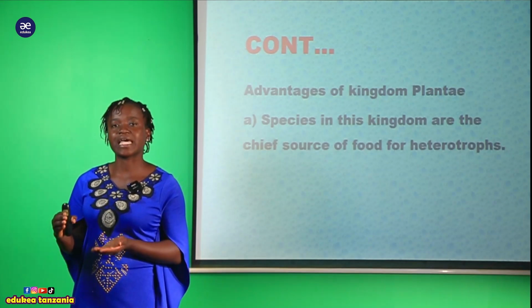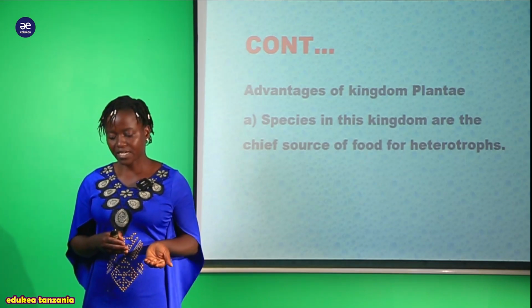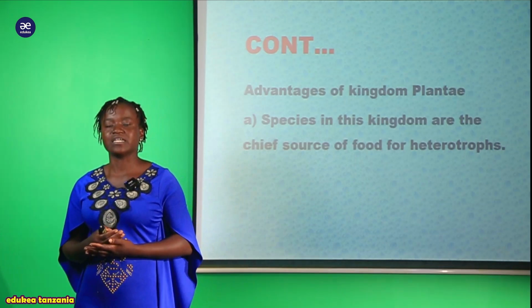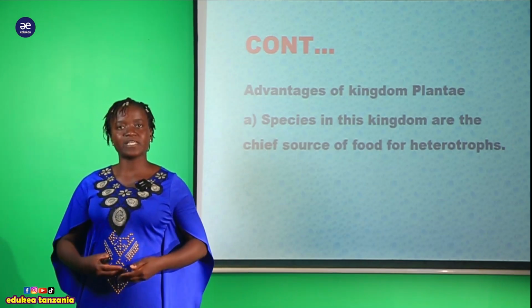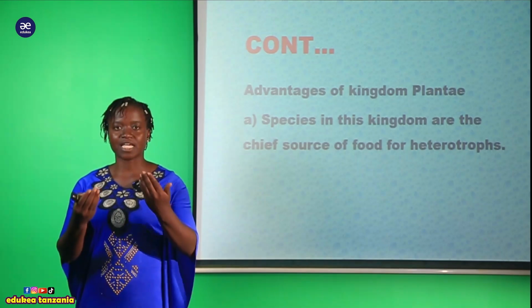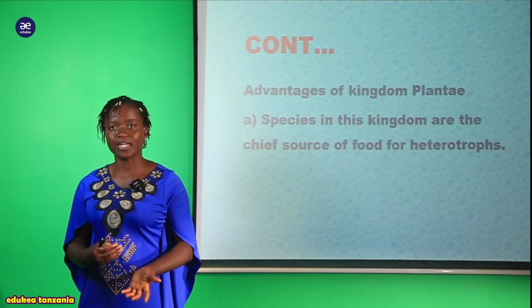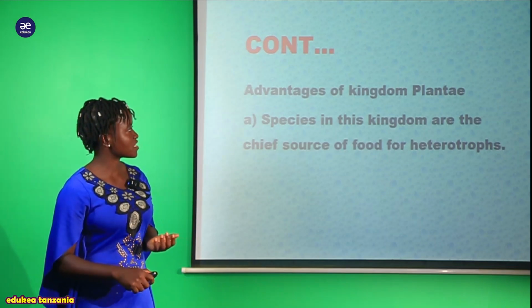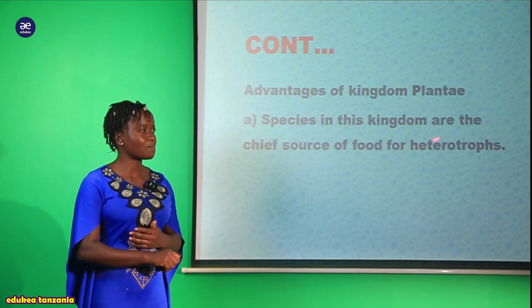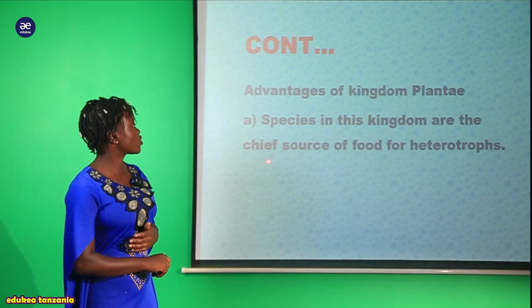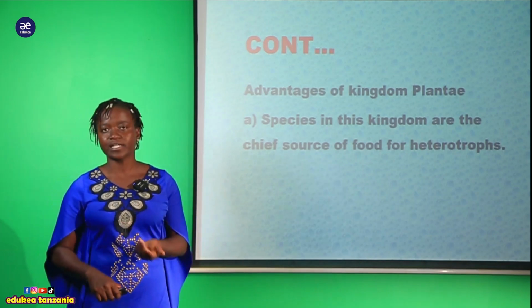Wanatengeneza chakula kwa ajili ya heterotrophs. When we are saying heterotrophs, meaning organisms that depend on other organisms so that they can get food. And a good example here is the animals. So ndo maana tunasema kwamba this plant species or this kingdom plantae, they are chief source of food for heterotrophs.